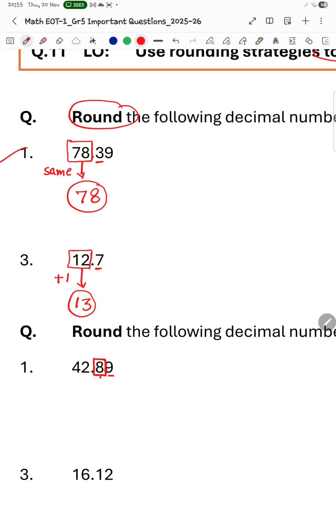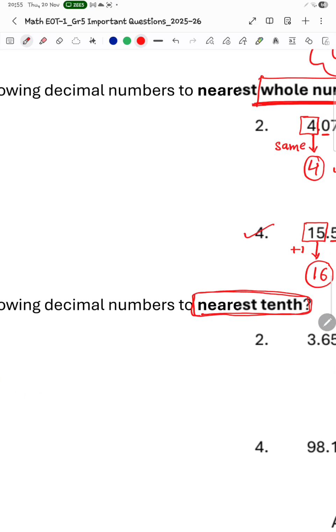So this will give +1 to this digit. So this will become 9, and before the box write all the numbers. So before the box we have dot, we have 2 and we have 4. So this will be your answer: 42.9.